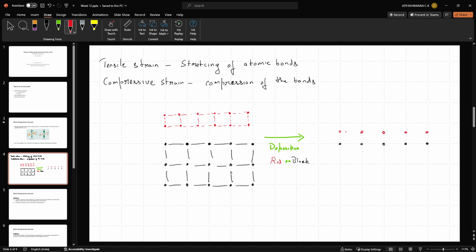And so over here, these bonds are, the reason I'm using relatively full lines and dashed lines here is to indicate that these may be two separate kinds of bonds.